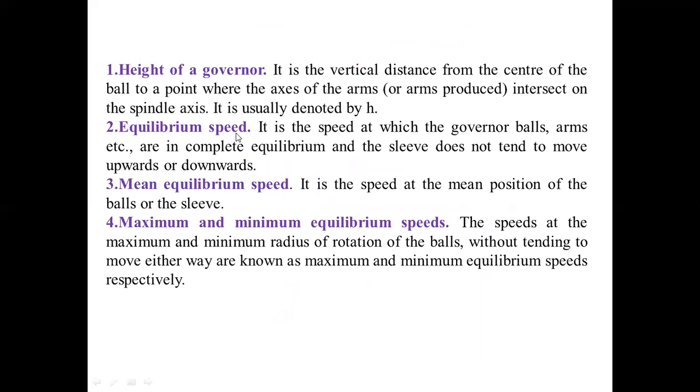Next, equilibrium speed of the governor. What is the equilibrium speed? It is the speed at which the governor balls, arms, etc. are in complete equilibrium, and the sleeve will not move upward or downward at this speed. That is called the equilibrium speed.